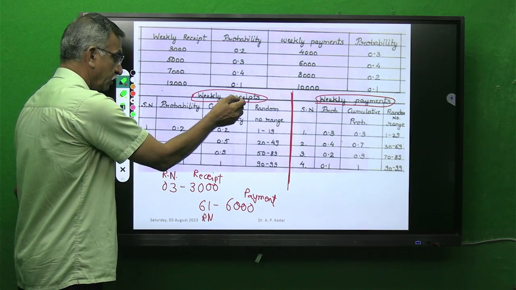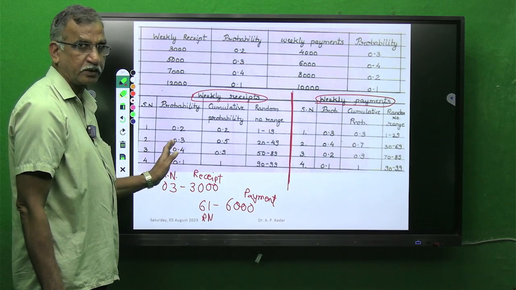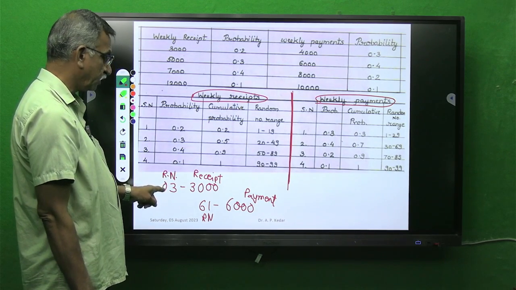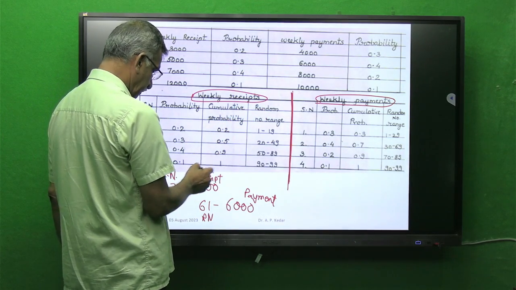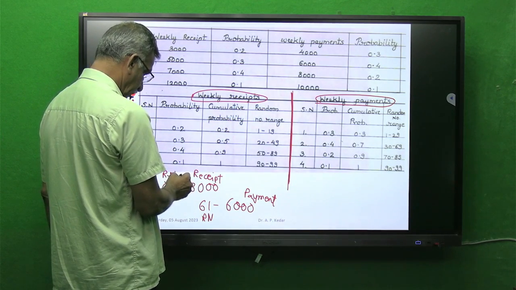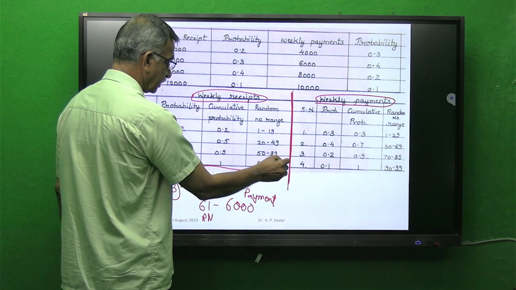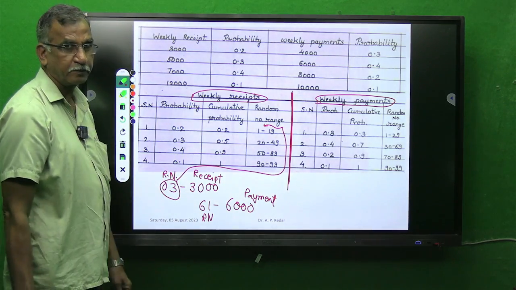See here, we have to check the left hand side of this table. See where this random number 3 lies. So here in this random number range 1 to 90, this 3 lies. So I will do the same pattern as we did yesterday. So this is the row for this random number 3.